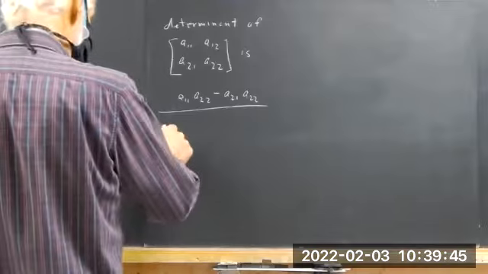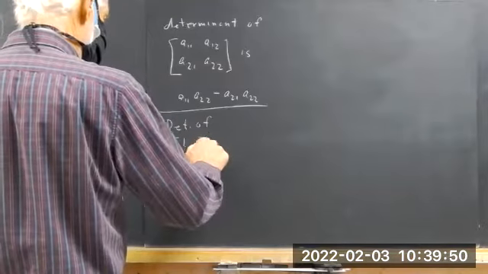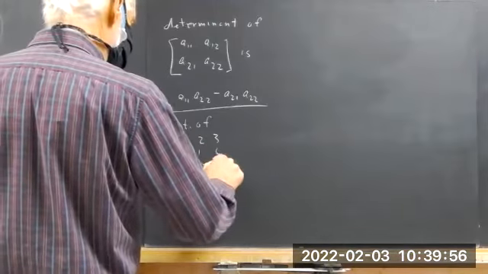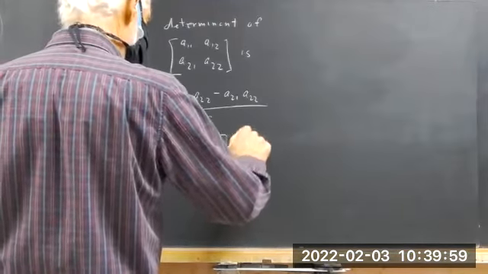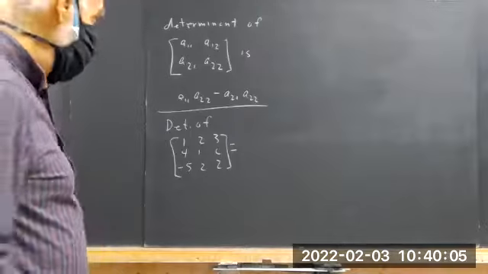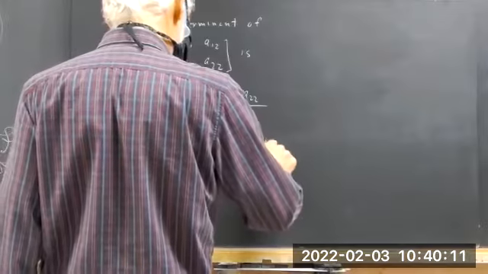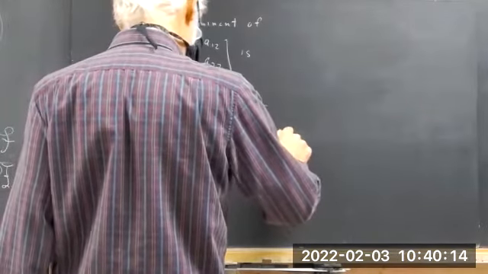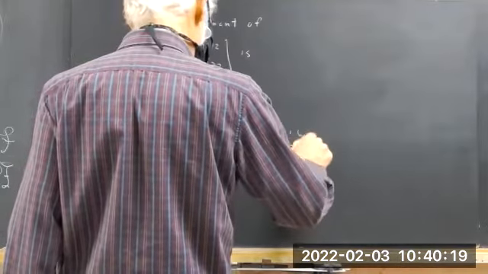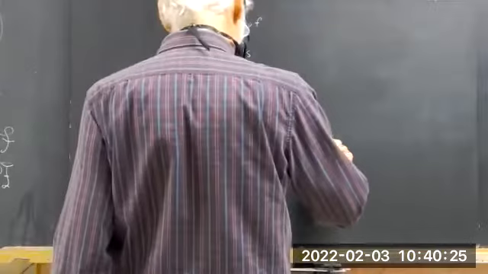Okay. Now let's do one with numbers. 1, 2, 3, 4, 1, 6, -5, 2, 2. To get this determinant, this 1 times the determinant of 1, 6, 2, 2. Now, I'll tell you why the pattern is, though I won't actually derive it for you.